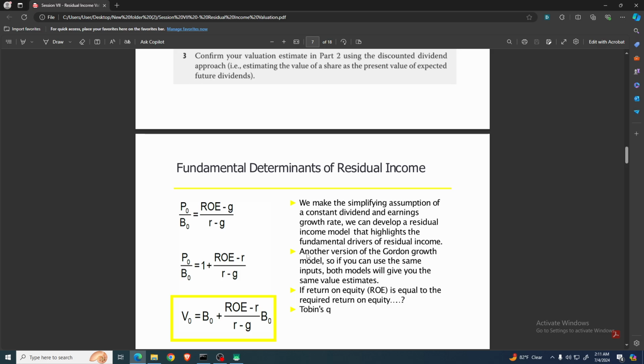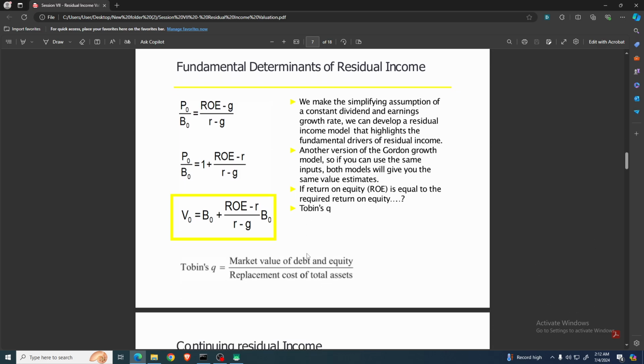So you consider the future residual incomes under the residual income method and you take their present value, and the current book value is added to identify and comprehend the intrinsic value of the share, V0. So that is how you can construct two different models with the determinants of residual income.